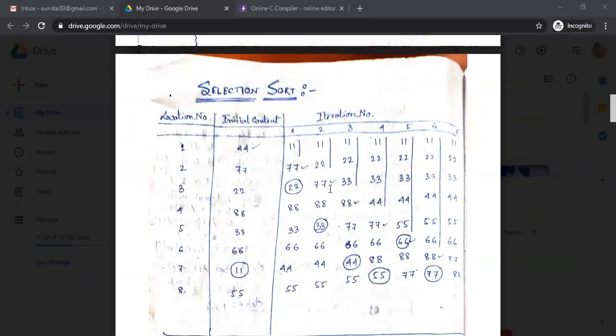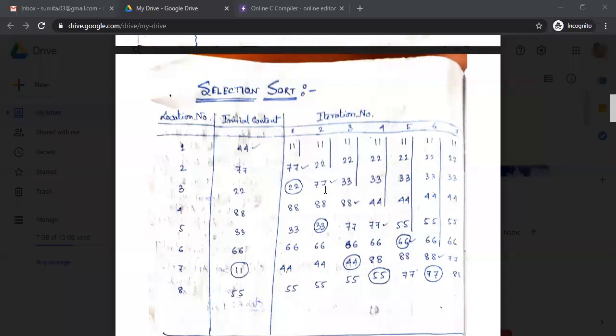Because after iteration 2, you have already processed this position and swapped the elements according to our requirements. 77 moved to ARR1 according to the procedure of selection sort, and then 22 moves up to ARR1 and 77 goes down to ARR2.